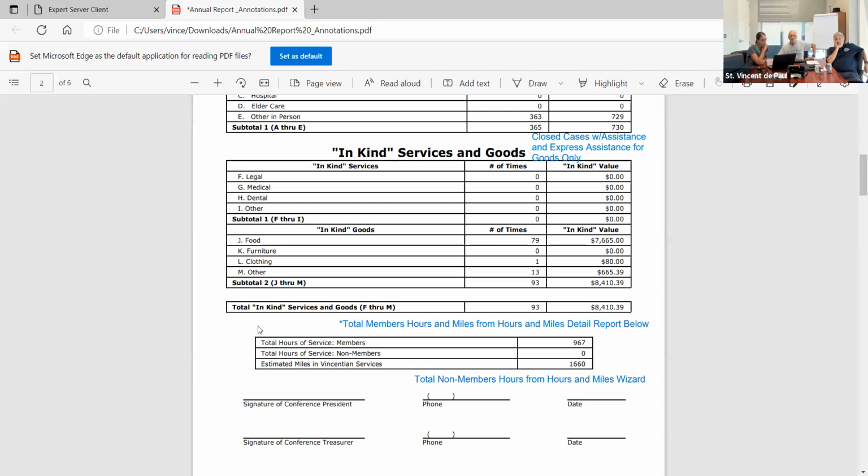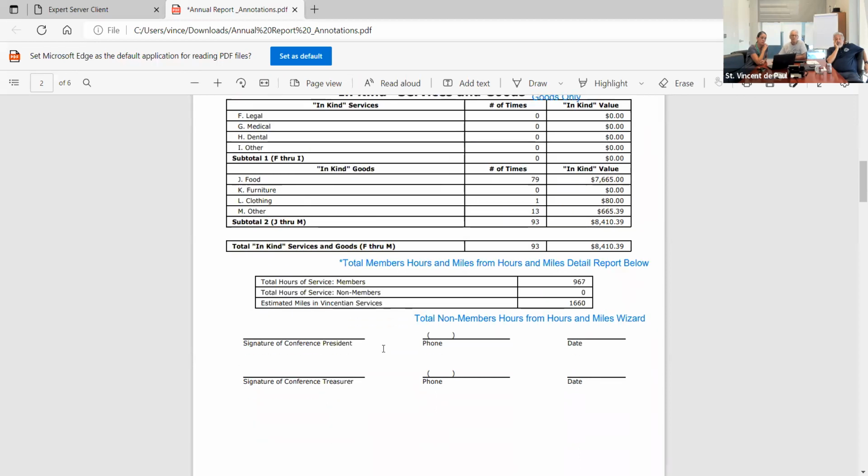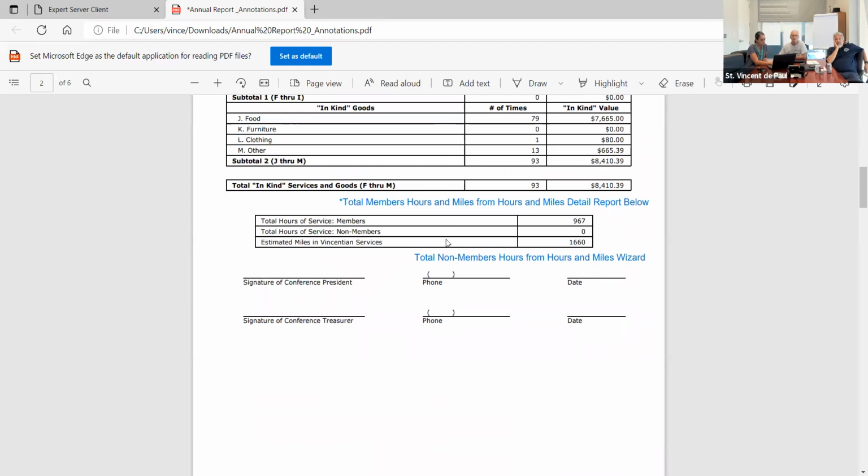Okay, so then this section right here, and I have to apologize because this report, sometimes Agile just kind of plops things in places. And this is definitely out of place because this is the summation of your total hours and total miles. And it shouldn't appear here, it should be at the end of the hours and miles report.